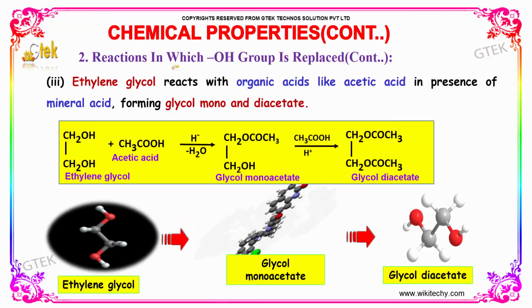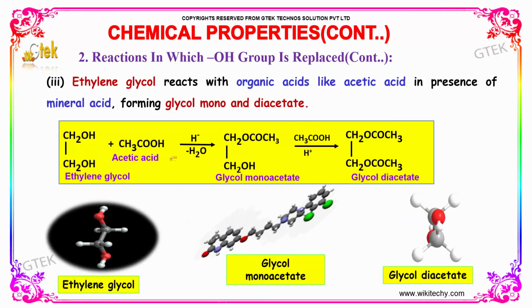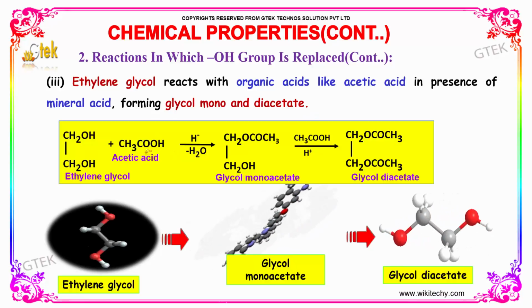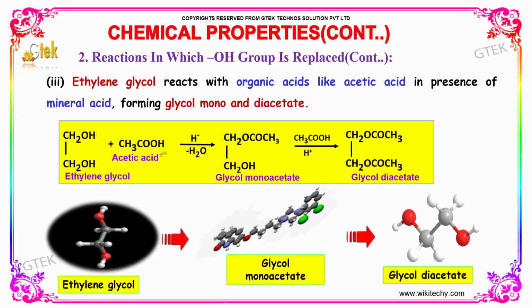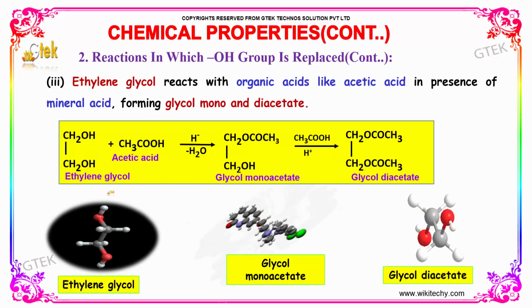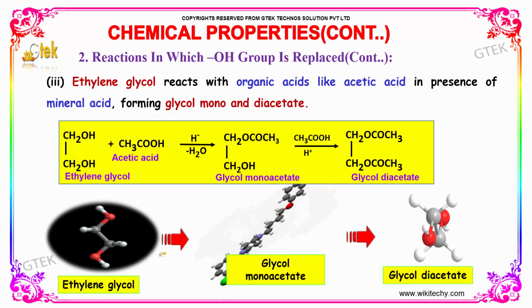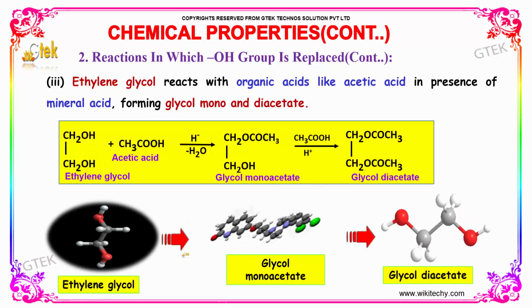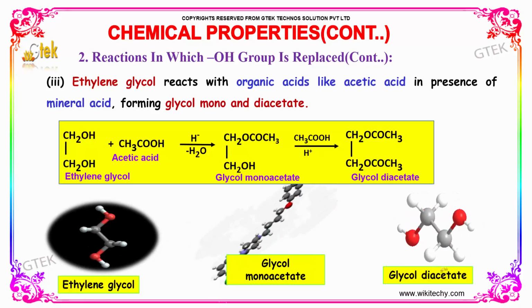Ethylene glycol reacts with organic acids such as acetic acid, that is CH3COOH, in the presence of a mineral acid, forming glycol mono and diacetate. The three-dimensional structure of ethylene glycol is shown as follows, which on reaction produces glycol monoacetate and also glycol diacetate.